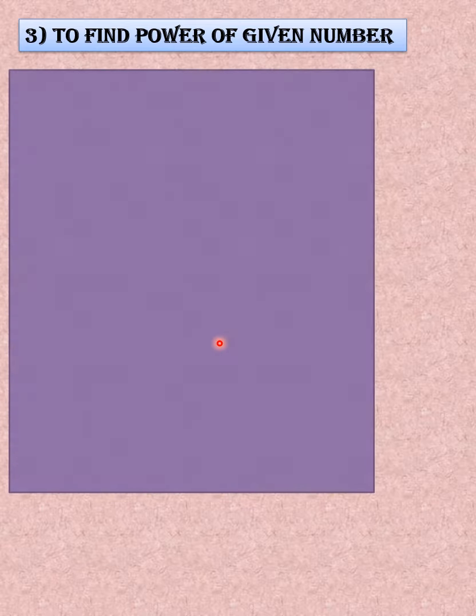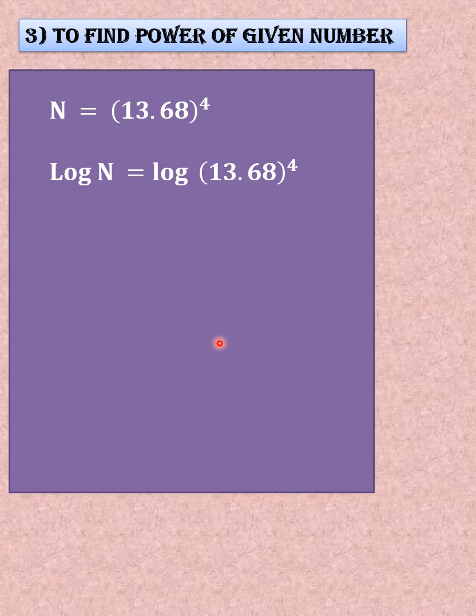Now the next application is to find the power of a given number. Let's have an example: N equals 13.68 to the fourth power, which we have to find. For that, take the log on both sides.